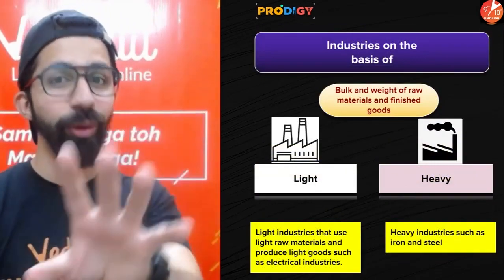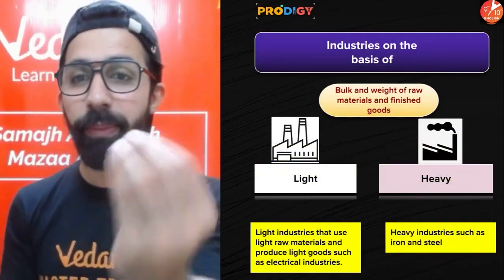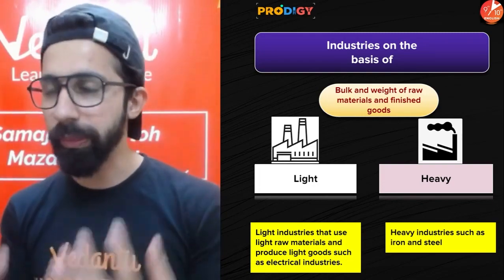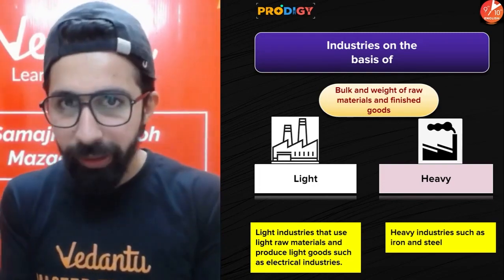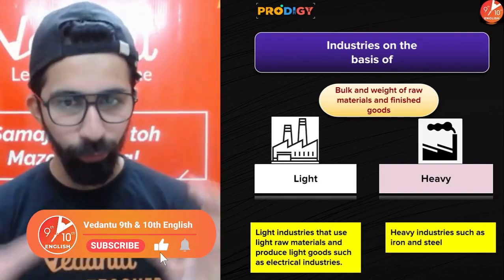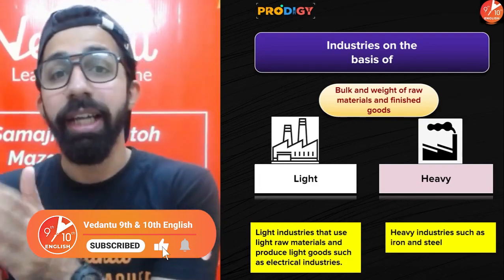By the way, we have one more classification, on the basis of bulk and weight of raw material and finished product. It can be further classified into two types: light and heavy.